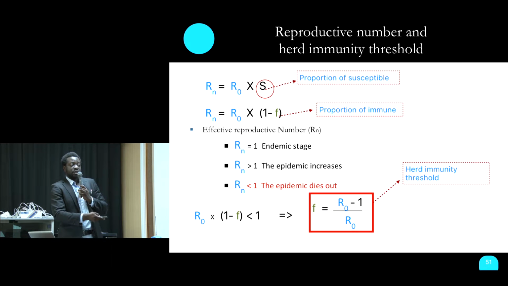From this formula, we can deduce what we call the herd immunity threshold, which is the smallest fraction of people we need to immunize, or give vaccine to, in order to have a good effect for the vaccination. So the herd immunity threshold is just R naught minus 1 divided by R naught.